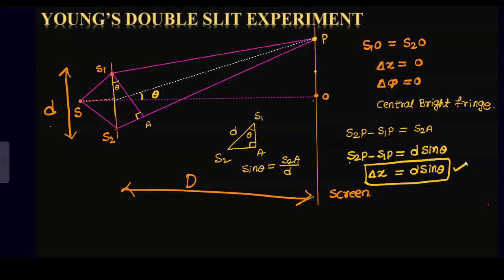At the point P, which we have taken randomly, we don't know whether constructive or destructive interference will happen, so we have to analyze each thing. Understood? So remember, path difference delta x is equal to D sine theta. Copy this.